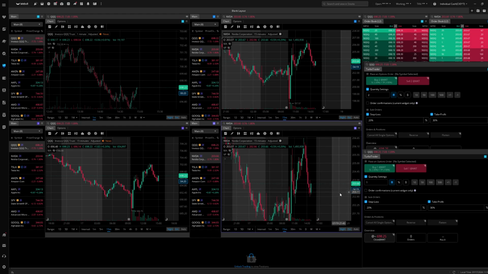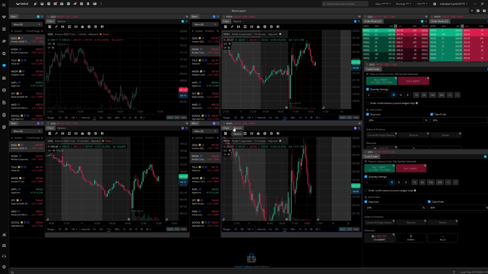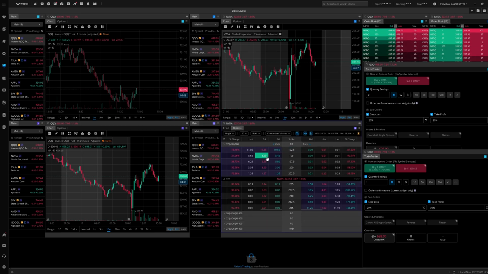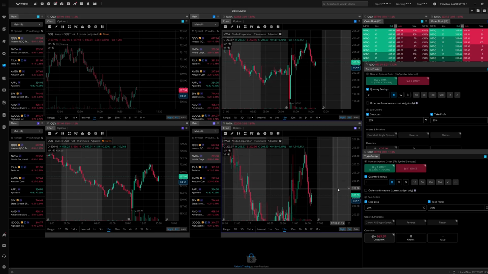This is what you would call at the money. If you're entering a position on a contract that matches current price, that's at the money. These are in the money and these are out of the money. I always try to pick a contract that's in the money or at the money.